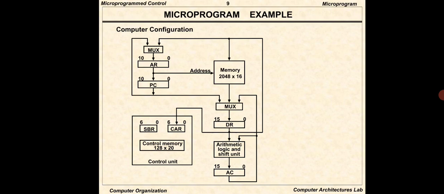As we know, in the control unit block we have two registers: the control address register and the data register. And next we have the control memory. So the control unit consists of the control memory, control address register, and control data register.